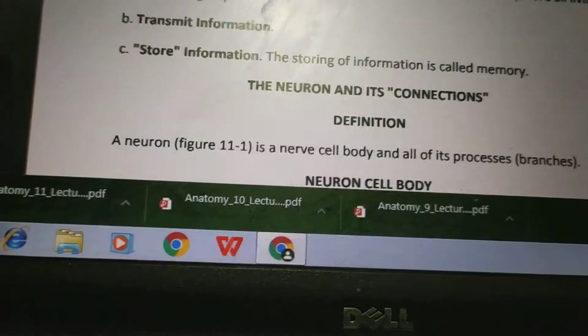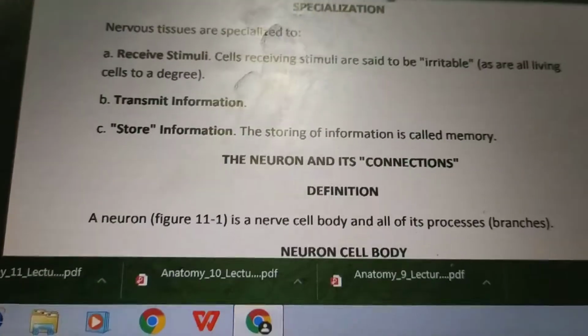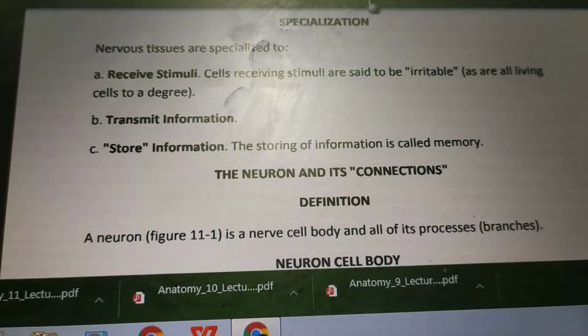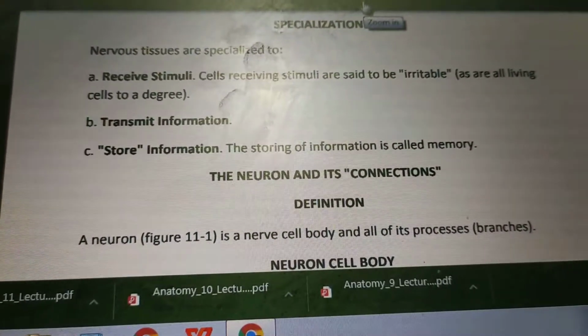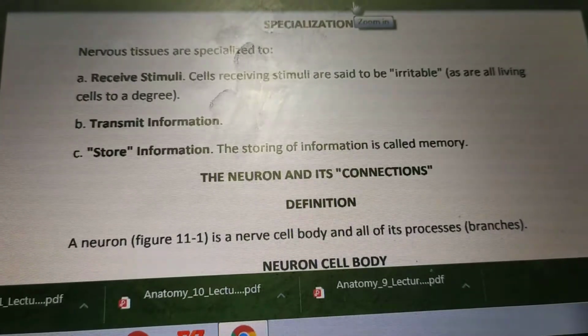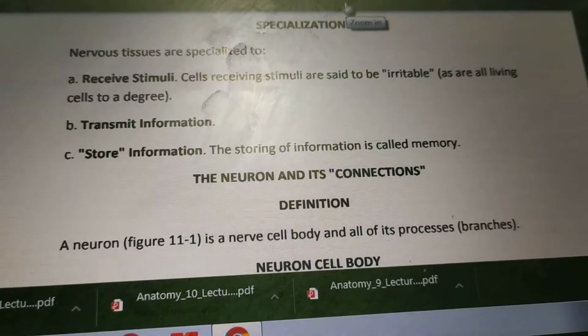Specialization. Nerve tissues are specialized to receive stimuli. Cells receiving stimuli are said to be irritable, as are all living cells to a degree.